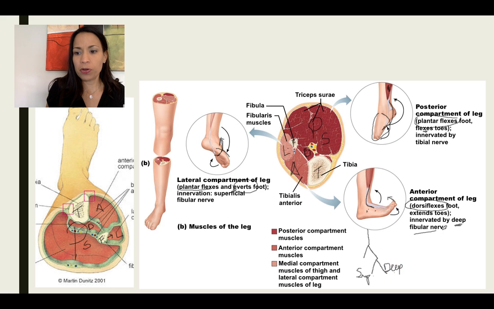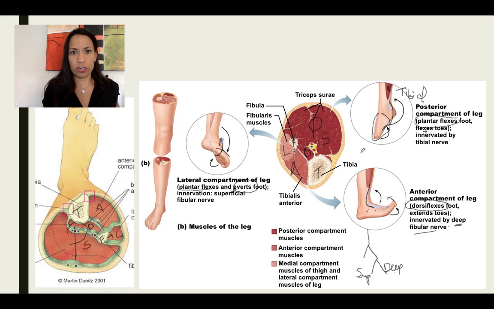The deep fibular nerve innervates the anterior compartment. The superficial fibular nerve innervates the lateral compartment. And the rest of the posterior compartment of the leg is innervated by the tibial nerve. Okay?